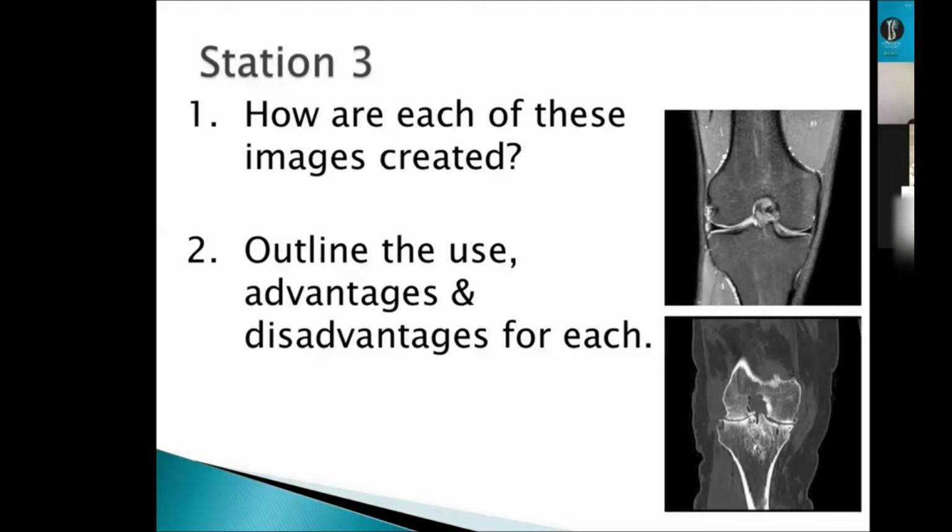Also, the difference between the X-ray and the CT scan is that multiple X-ray sources are used here, and the bony delineation is better in the CT scan.